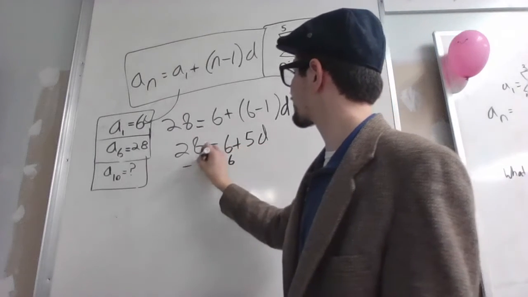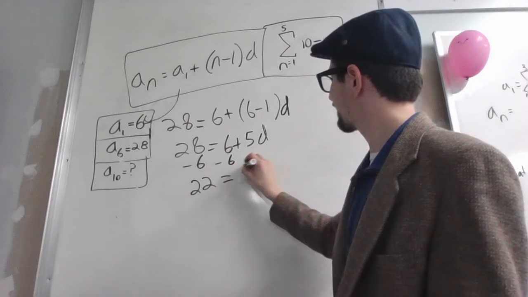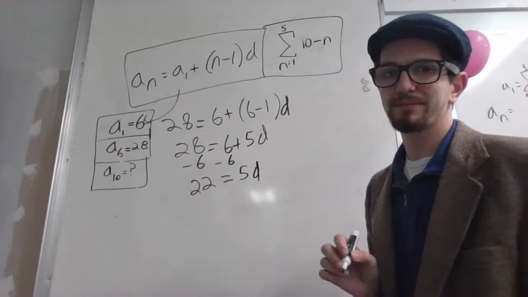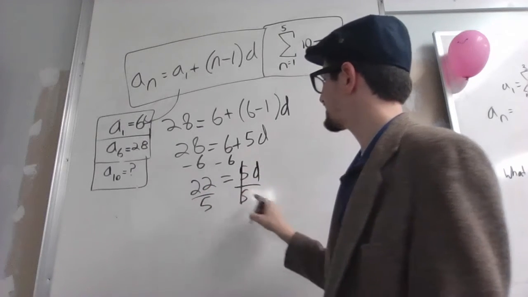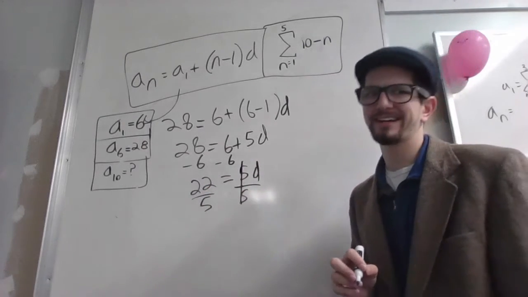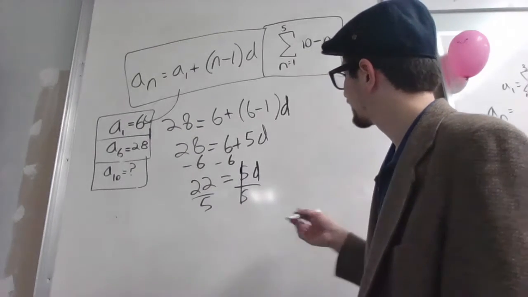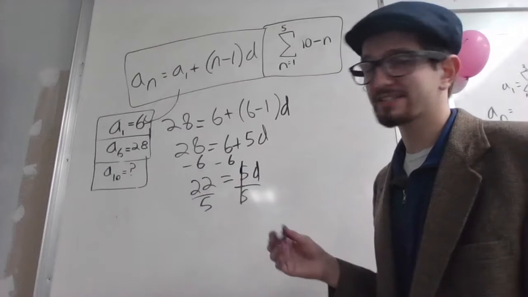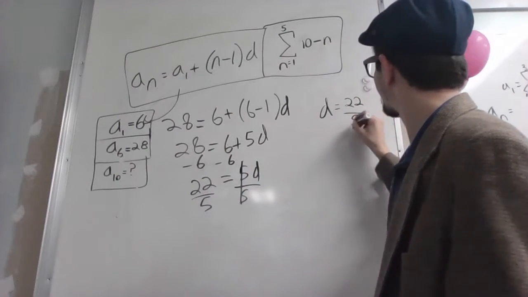I can subtract 6 from both sides, which gives me 22 here equals 5d. Now I can divide my 5 out from the d, divide both sides by 5, and I get d equals 22 over 5, or like 5.13, something like that. I'm going to leave it as 22 over 5 because I don't feel like fixing it. So I have d equals 22 over 5.